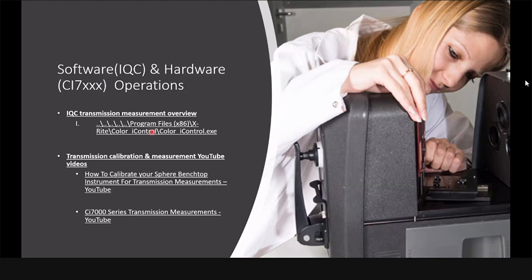Can you repeat the question, please? Do we have a transmission kit for irregular shape objects or 3D objects such as plastic bottles or glass bottles?